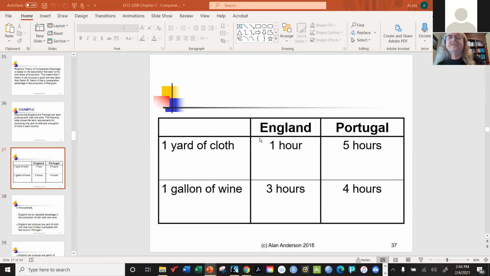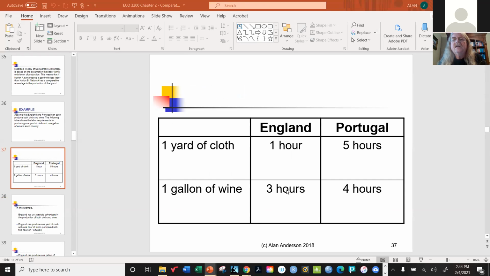Now, I made up this example. This is not Ricardo's actual numerical example. We saw that the requirements for making 1 yard of cloth and 1 gallon of wine in each country are listed here. In this first case, we assume that England can make cloth with only 1 hour of labor, and Portugal requires 5 hours of labor.